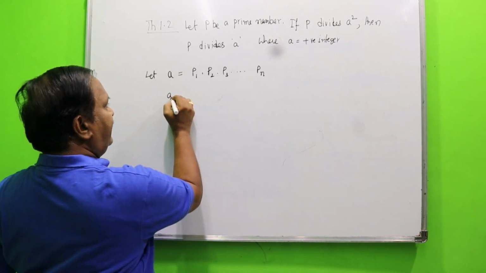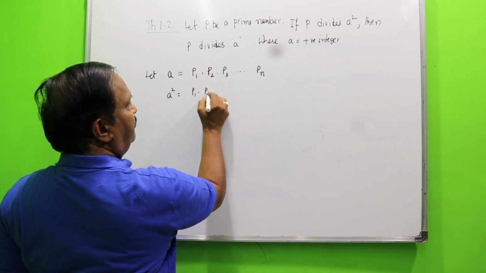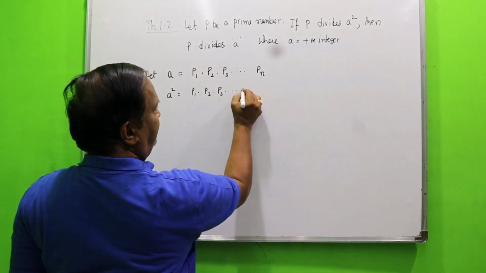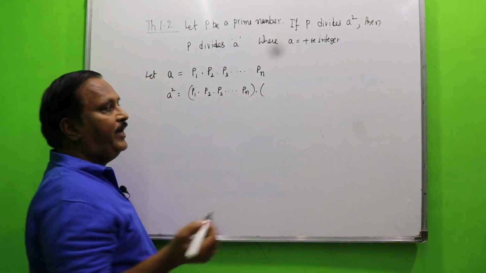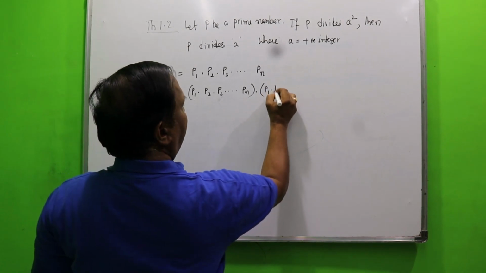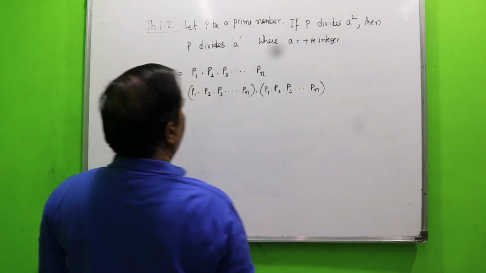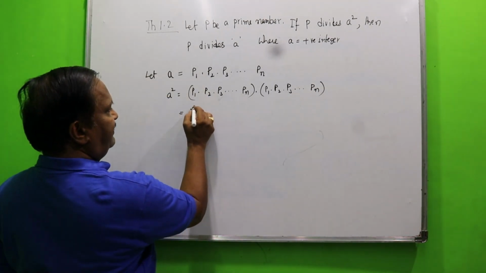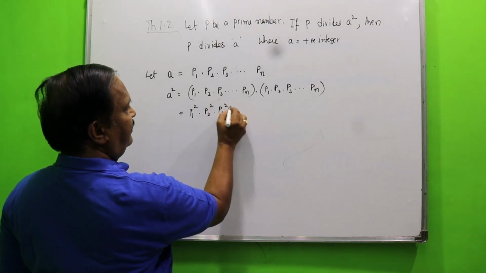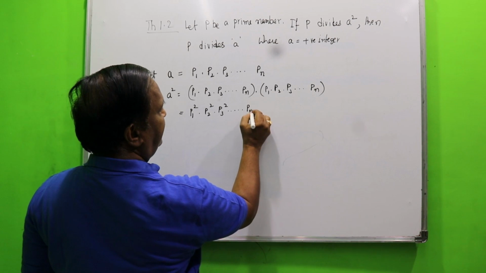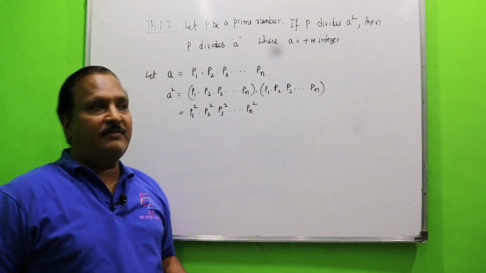Then what happened to A square? Because A square is A into A, again P1 into P2 into P3 and so on Pn. So finally we get P1 square into P2 square, P3 square and so on Pn square. So A square is equal to this.